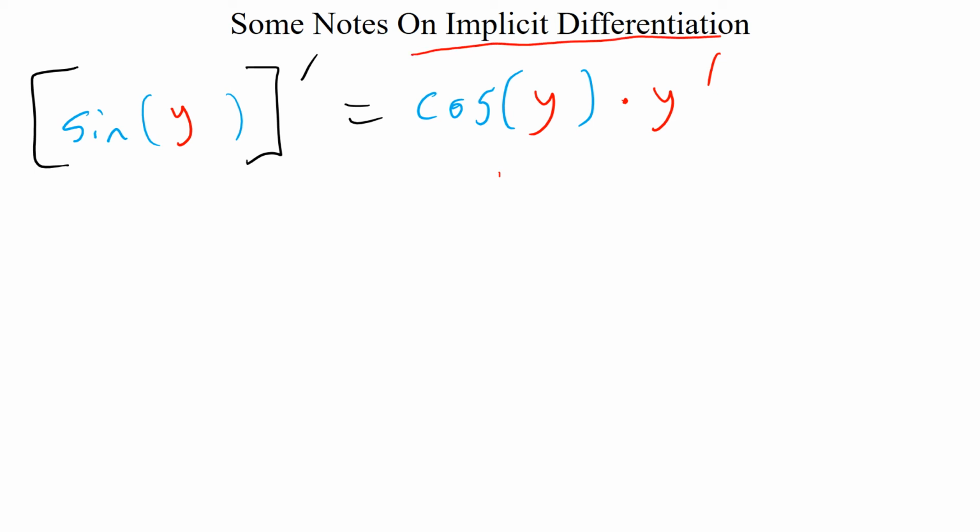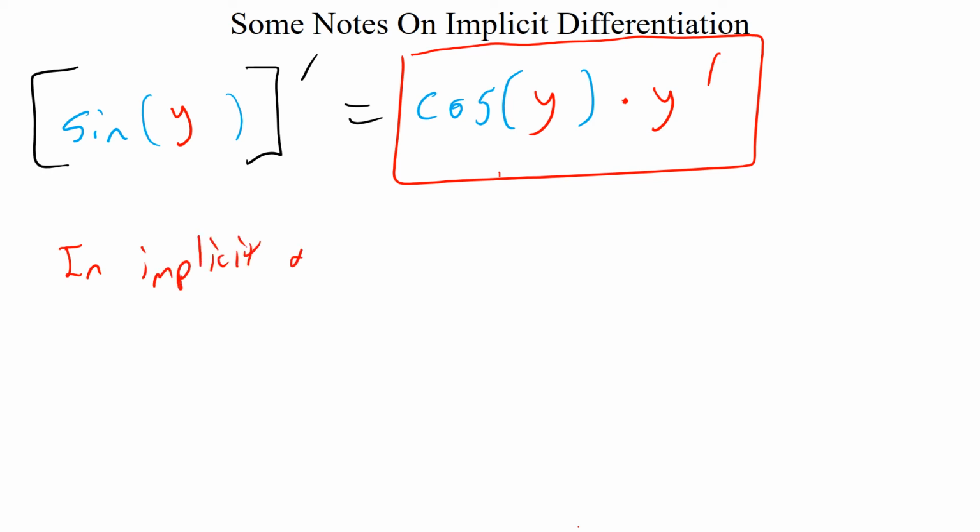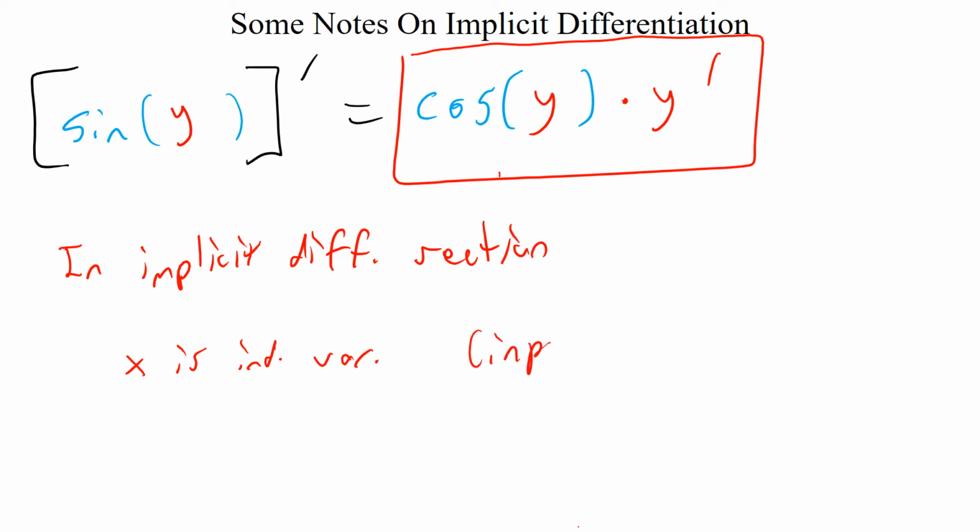Okay, another thing about the implicit differentiation section is that in that section, x is the independent variable. Okay, so let me write this down. So in the implicit differentiation section, x is the independent variable, which means the input, and y is the stuff that's hidden.